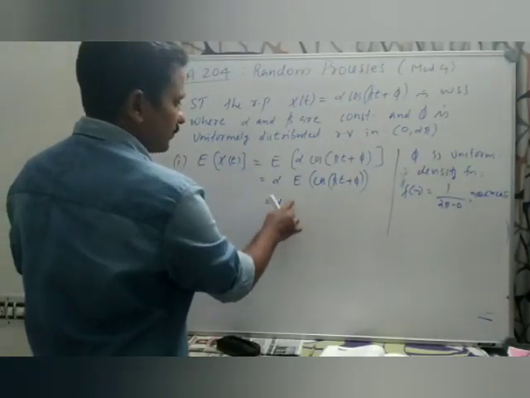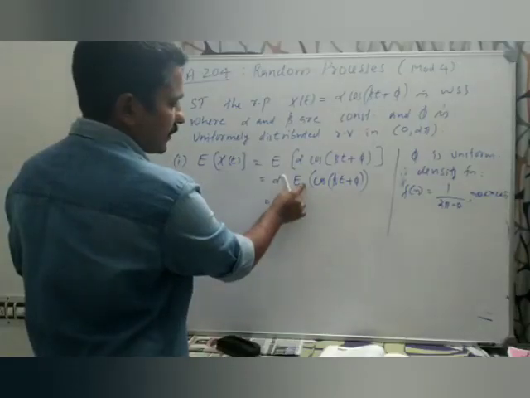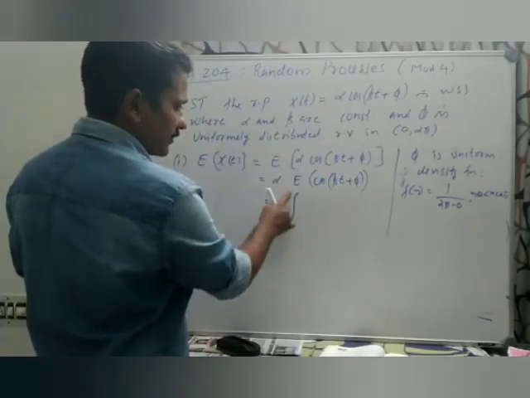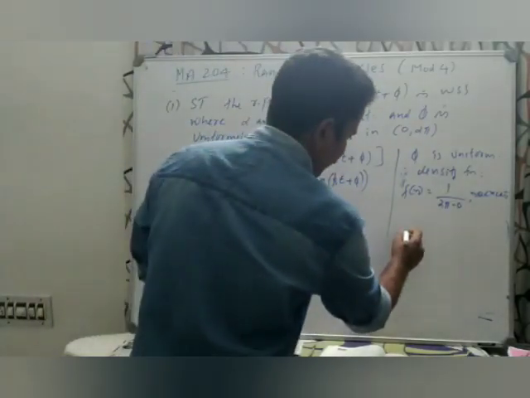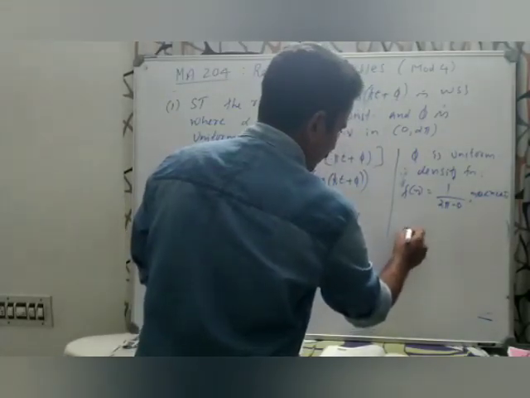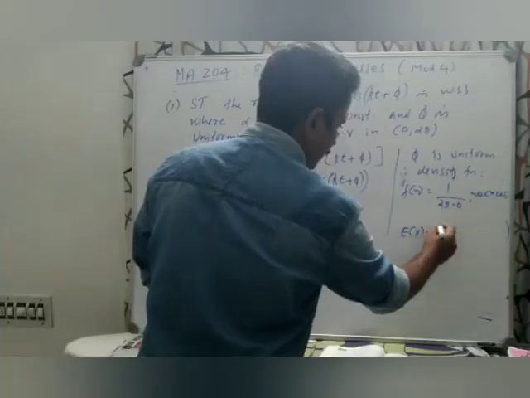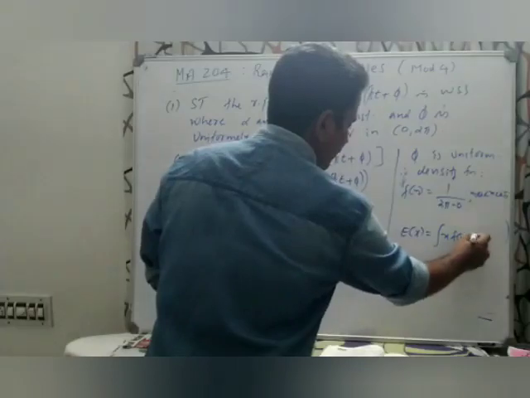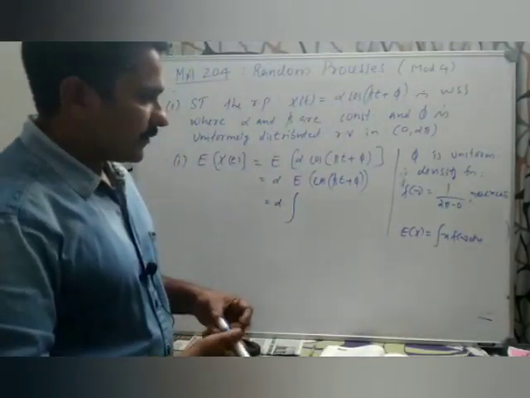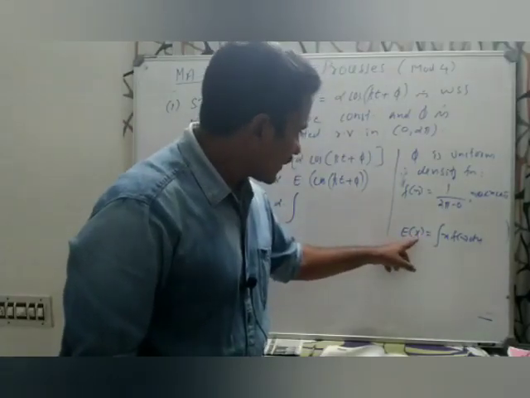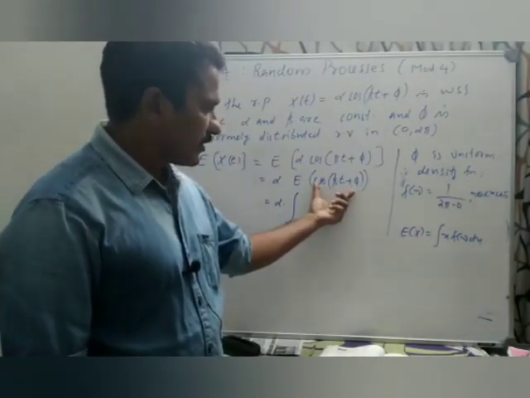it's alpha times, and the formula to find the expectation is to integrate the function. See, the expectation of x is nothing but the integral of x times f of x dx, right? We have seen this formula, and that is just the expectation of x. Here it's not just x, but a function of x.